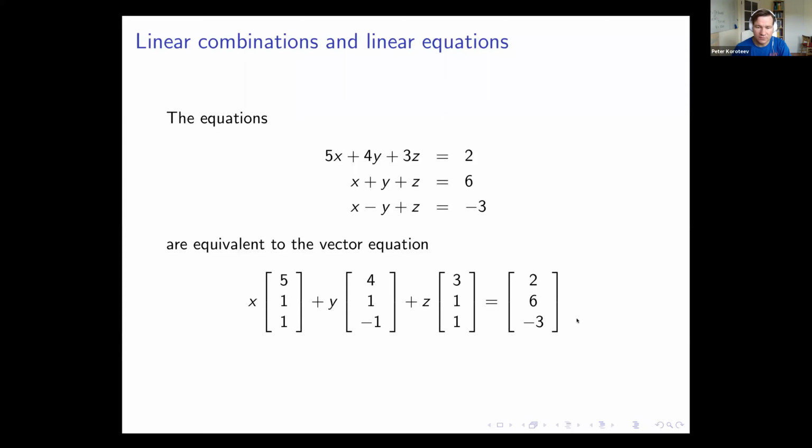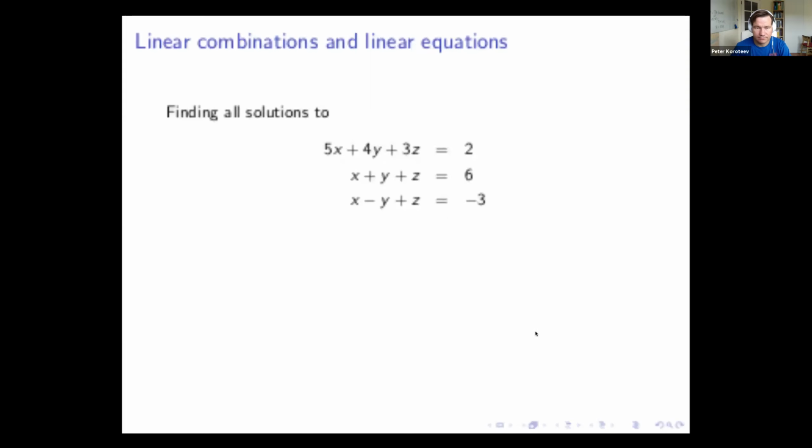So you can reformulate the existence of solutions of systems of linear equations by asking this question: does a linear combination of these three vectors exist, with coefficients x, y, and z, which is equal to the right-hand side?